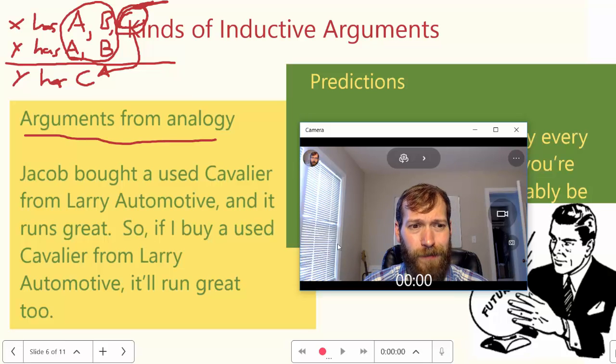But you're not told whether this used Cavalier that Jacob got is just a year old, whereas the one that you're getting is 20 years old. If there's that kind of a difference, there's a great chance that even though Jacob's runs great, yours isn't going to run great.